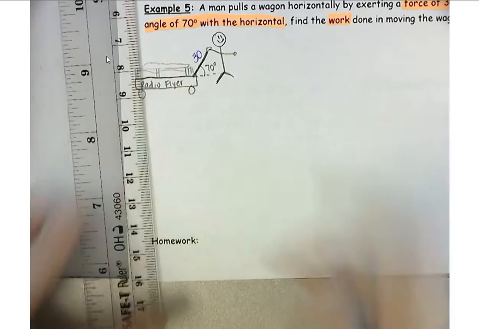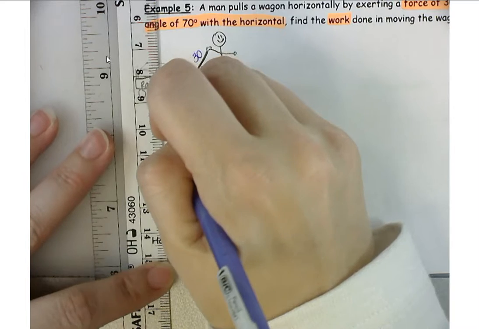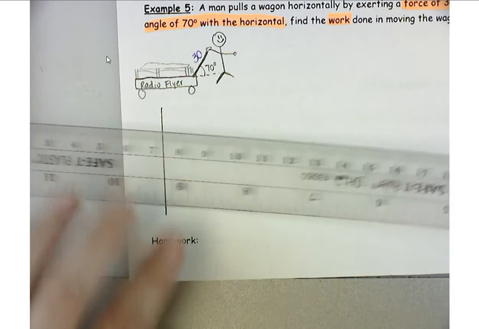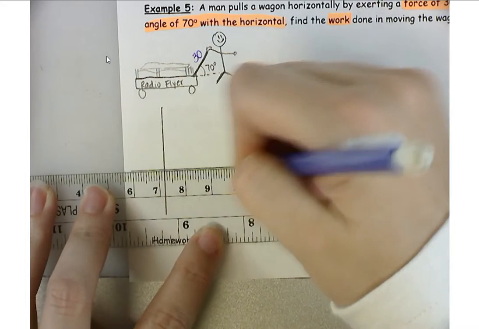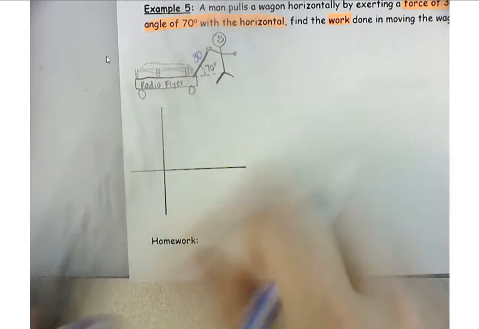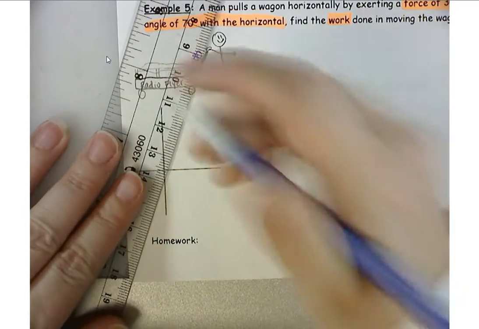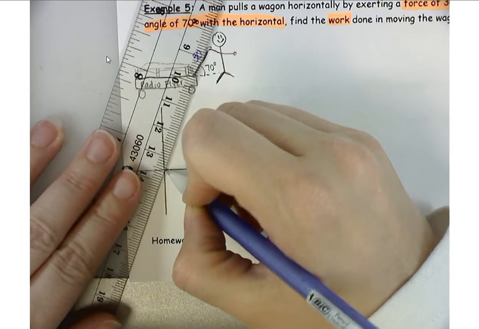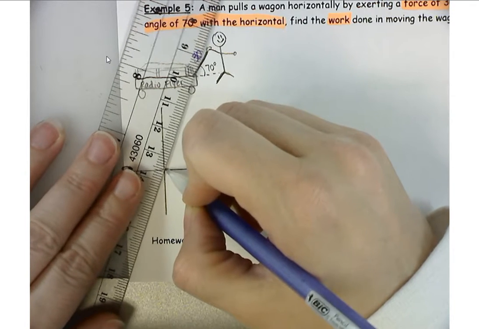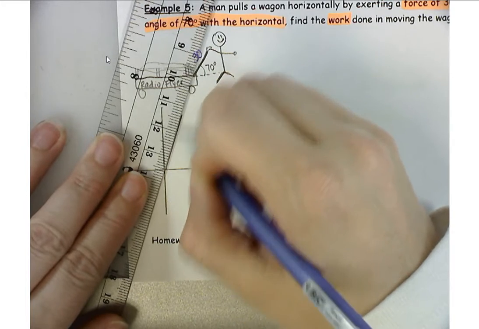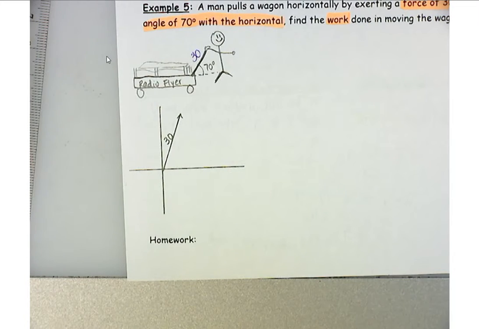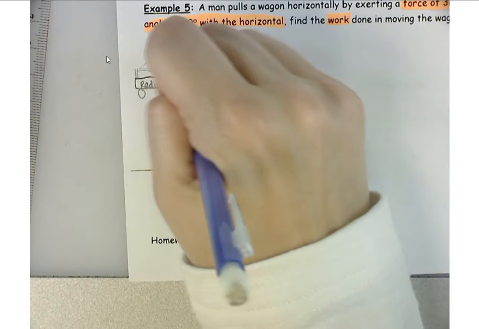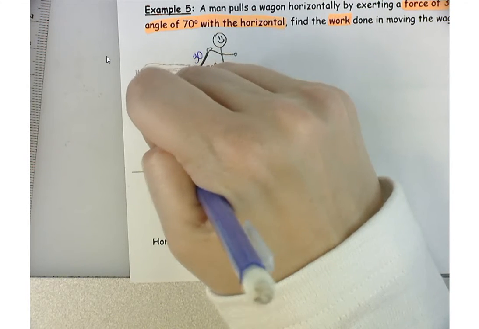Okay, so we're going to draw this on our grid. Okay, so this is going to be 70 degrees. Okay, so here's my 30 pounds. This is my force vector. Okay, here's my angle, which is 70 degrees.